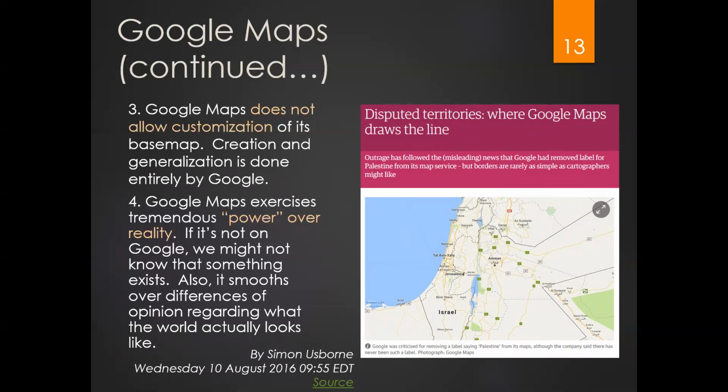So when Google Maps shows this specific area on their map, it is very crucial to decide if we should label Palestine as a country on Google Maps, right? That's arbitrary, but that's political, and a lot of people care about that. So this fake news pointed out that Google deleted Palestine from their map. A lot of people were not happy about this, but it turned out to be fake news.